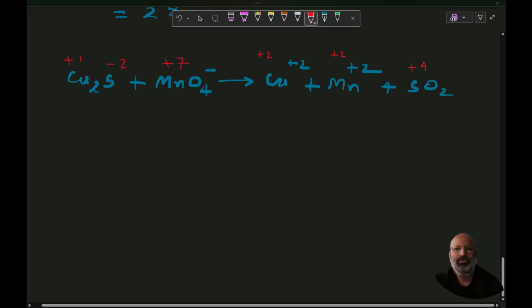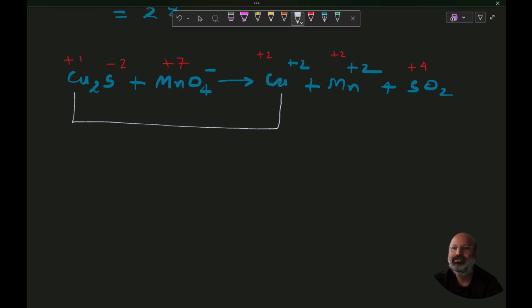So I'll just track the oxidation process here. First, let's check the first oxidation process. In this case, it is going from plus 1 to plus 2. So the change in oxidation number is minus 1. And of course, for 2 atoms, it is minus 2. And I'm labeling that as N1.